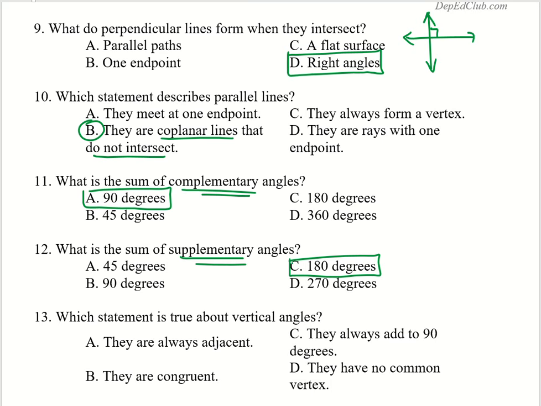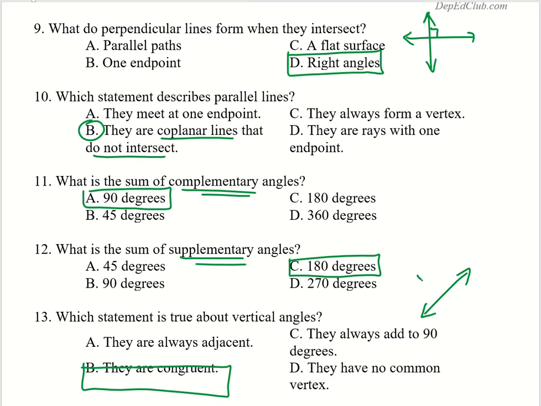13, which statement is true about vertical angles? Vertical angles are congruent. For example, we have angle 1 and angle 2, so that is vertical.